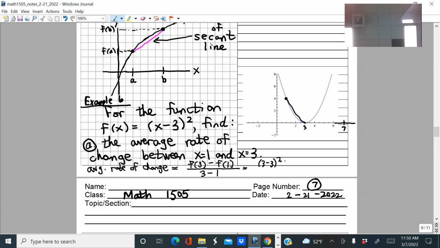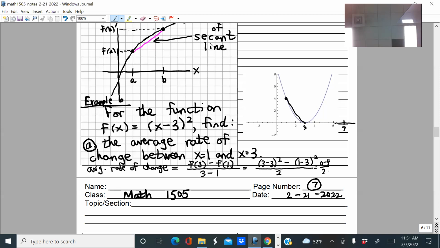Minus f of 1, which looks like it's 4, but let's be sure by plugging it into our formula. We have 1 minus 3 squared, which indeed is 4. All of this over the denominator, which is pretty easy, that's 2. So what do we end up with in the top there? 0 minus 4.